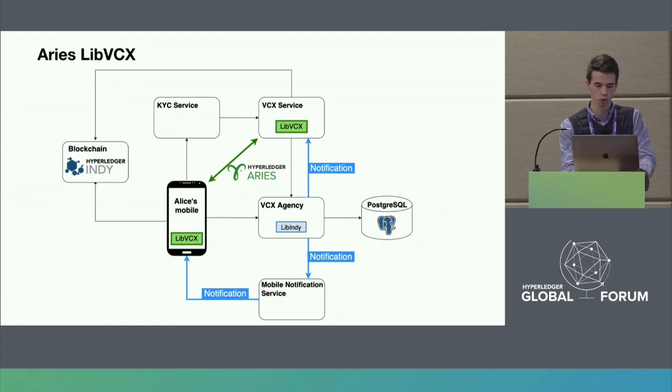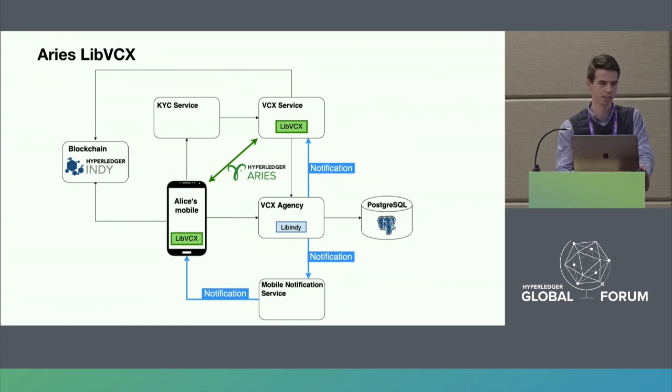But truth be told, we are right now in a position where we need to make a big decision, because the thing about Aries is that it doesn't yet specify how to do revocations, and there's a new revocation implementation coming to the SDK, as far as I know, this year.